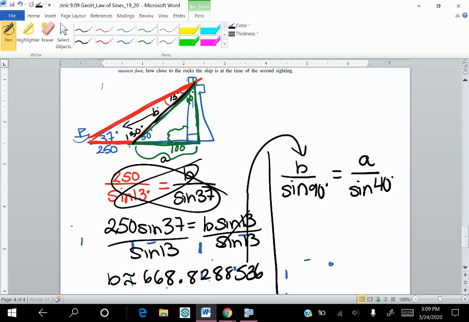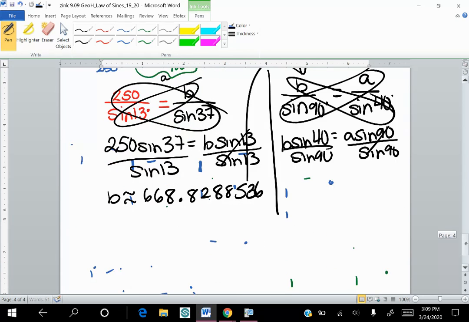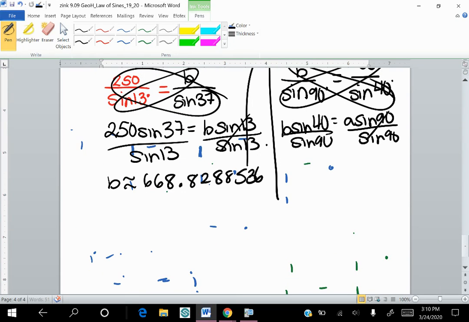Now I'm going to cross multiply. And I have b times sine 40 equals a times sine 90. I'm solving for a, so I'm going to divide both sides by the sine of 90. Again, type that right into your calculator using that full decimal for b. Please do not round that. Write out your entire decimal for a.